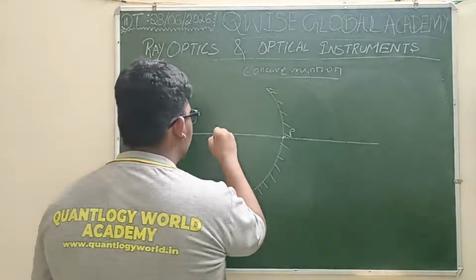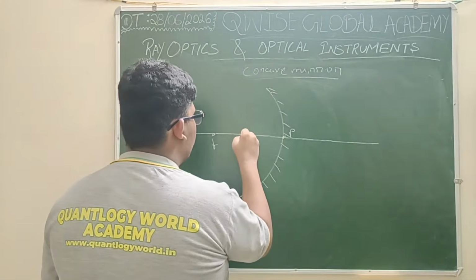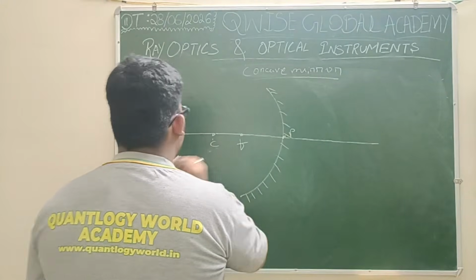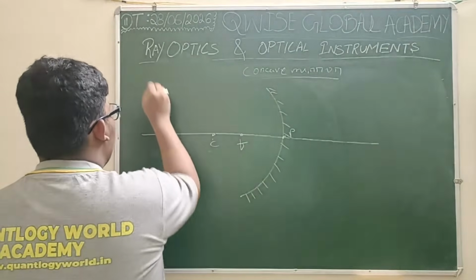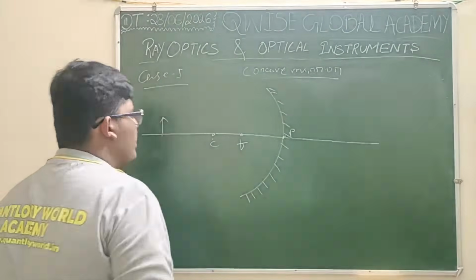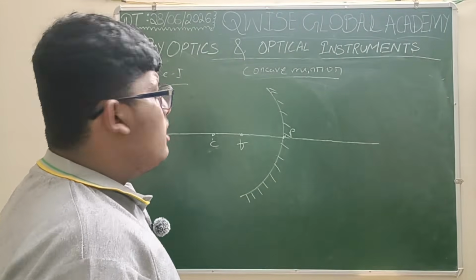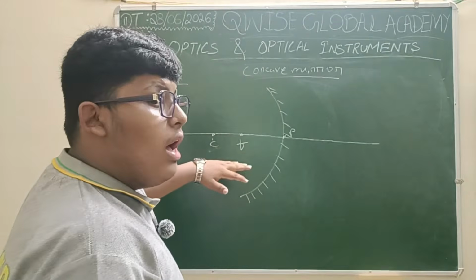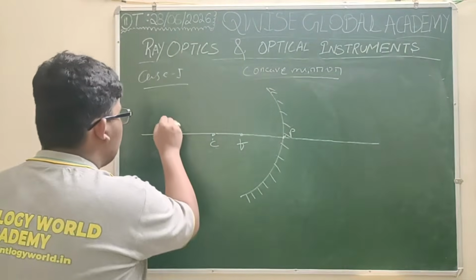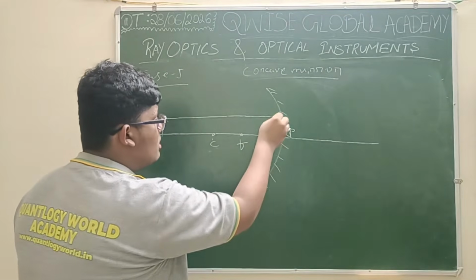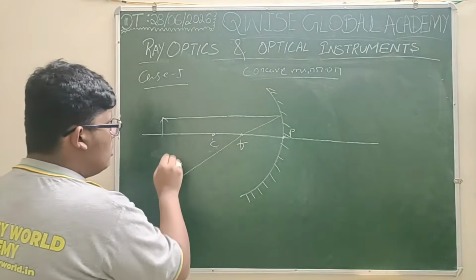Again I am drawing the diagram for the image formation. Case 1: if an object is at infinity, then the image will form at F, means at the focus. First ray of light goes parallel to the principal axis and falls on the focus.